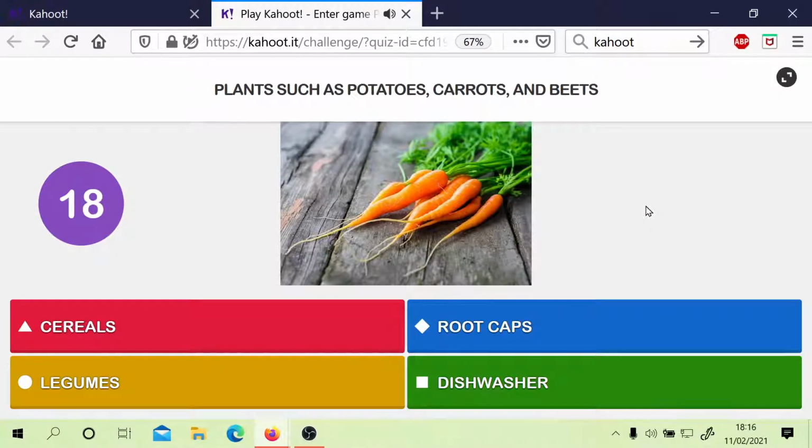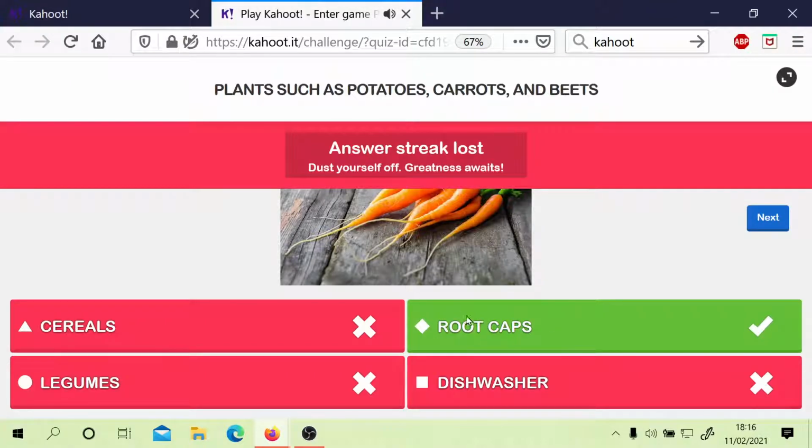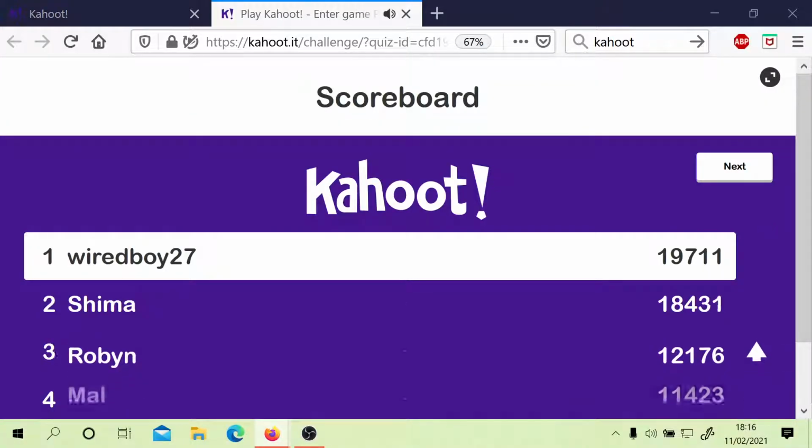Plants such as potatoes, I was going to say parrots. I don't think it counts as a legume, right? Is that a cereal plant? It might be. Root caps. I knew it wasn't legumes. I was thinking between these two. Is this actually, that can't be a real thing, right? What does that actually mean, root caps?